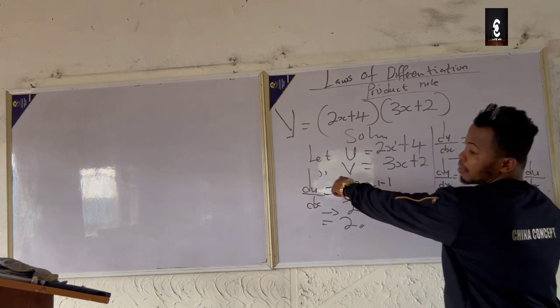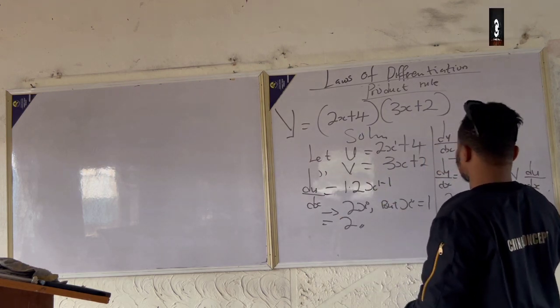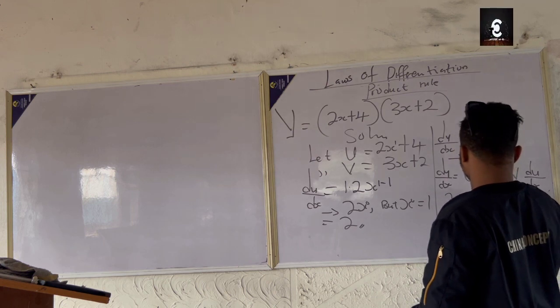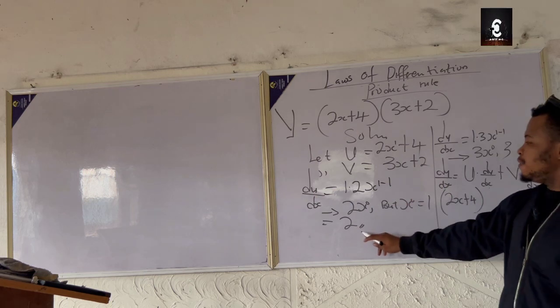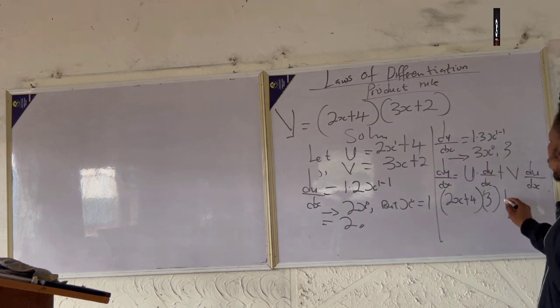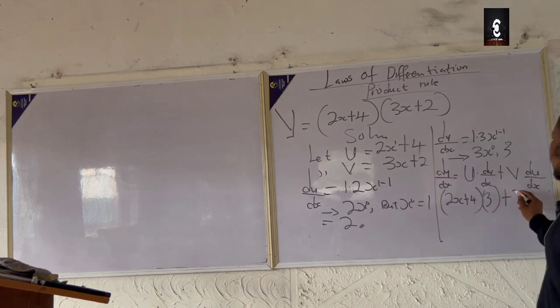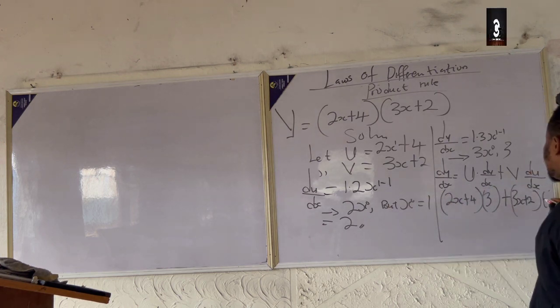What is u? I already told them let u be 2x plus 4, multiplied by dv over dx, which gave us 3, plus v. v is 3x plus 2, multiplied by du over dx, which is 2.